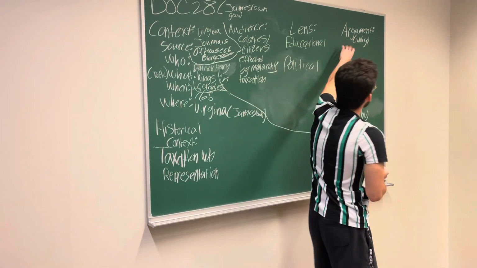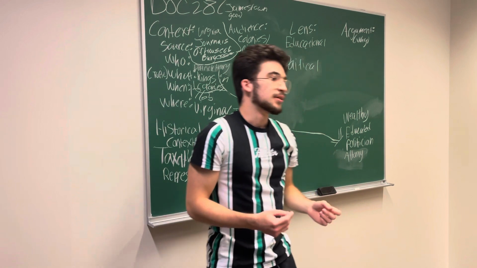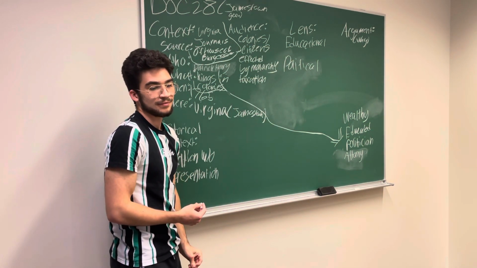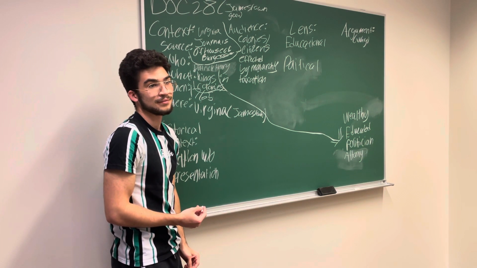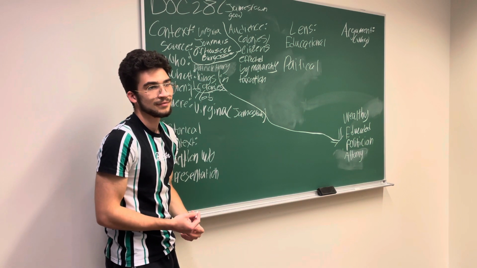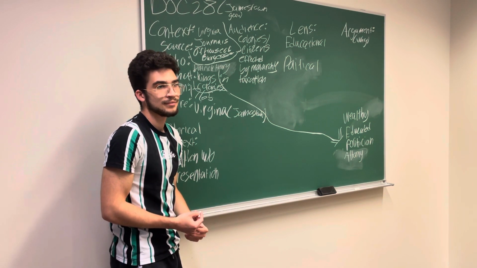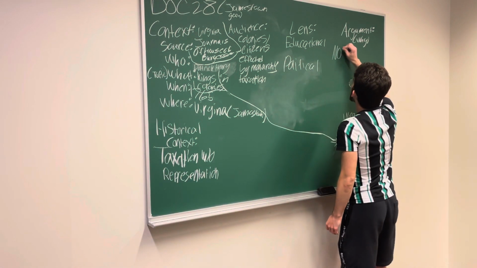All right, we kind of addressed it a little bit, but what is the argument of this document? That the colony should have the ability to speak, to vote and decide politically for themselves rather than just being ruled over by the British government.